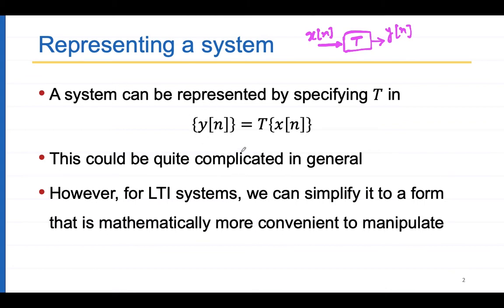In general, T can be of any complicated form and it can be very general. But for LTI systems, which means linear time invariant systems, I can specify T in a much simpler form. I'll be showing in the next slides how for an LTI system, T can be simplified so much that it is very convenient to mathematically manipulate it.